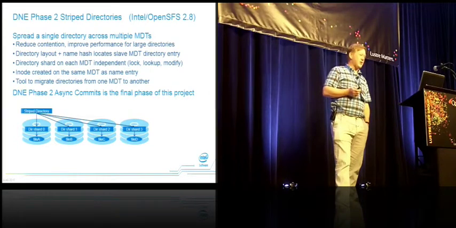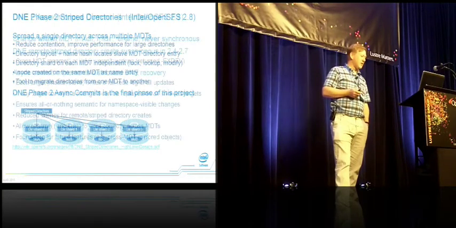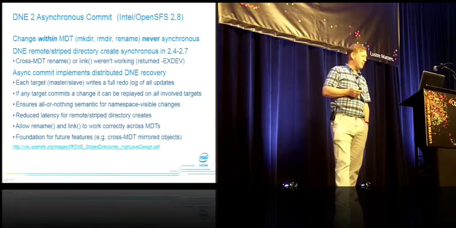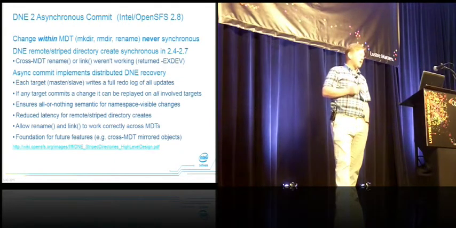The stripe directories are in 2.6 and 2.7. It's a preview feature because there are certain things that you can't do in the remote directory case in 2.4 and 2.5, and in the stripe directory case for 2.6 and 2.7. You can't do renames across MDTs, that's one of the limitations, and you can't do hard links.